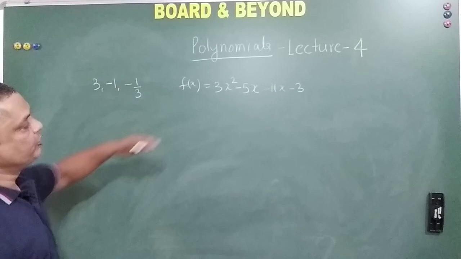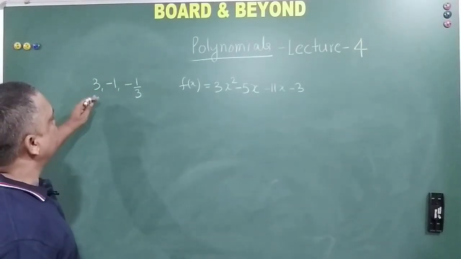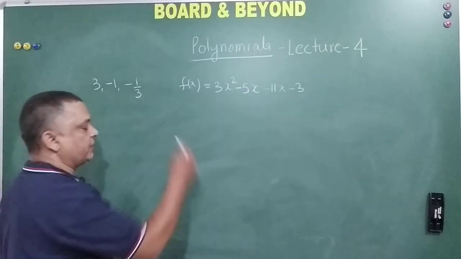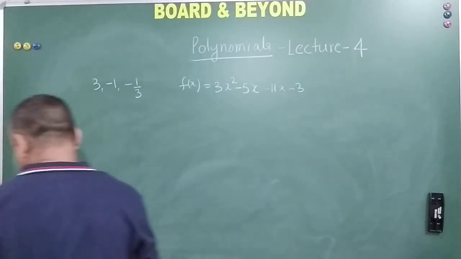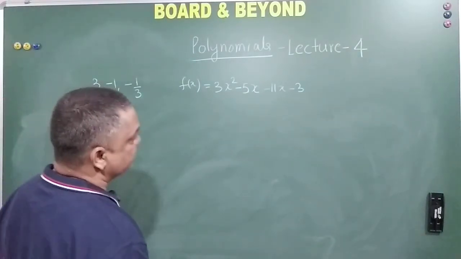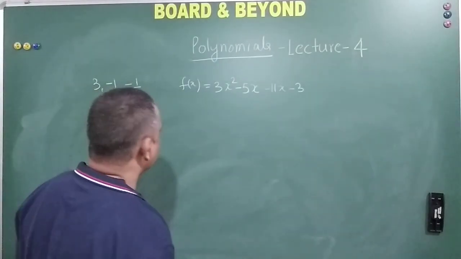So this is the cubic polynomial which has been given to you. You need to verify that these are the three roots for this cubic polynomial, and verify the relation between its zeros and coefficients. So that is also the part of the question.